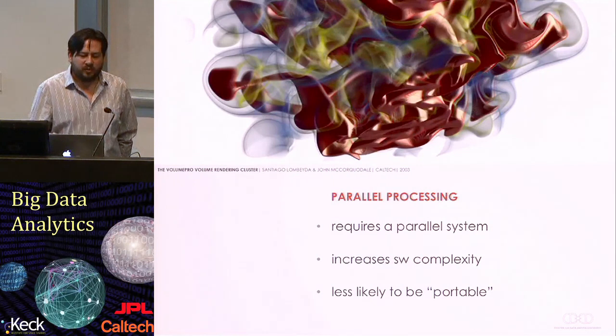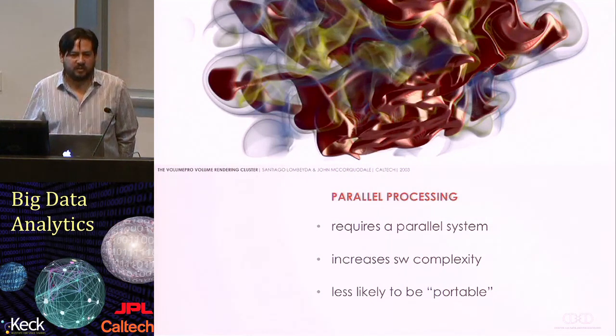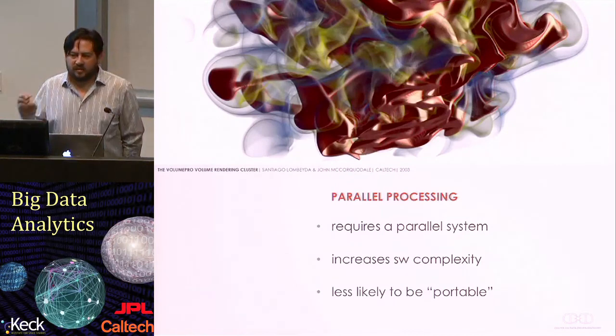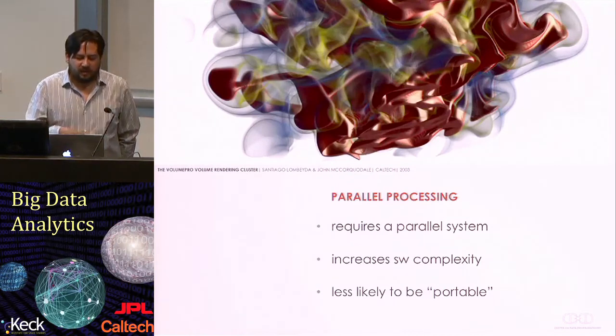You can have multiple computational nodes and multiple rendering nodes that will split the data, do the computation on pieces, render the pieces, and send the rendering results to your front end where they get composed into a single image.